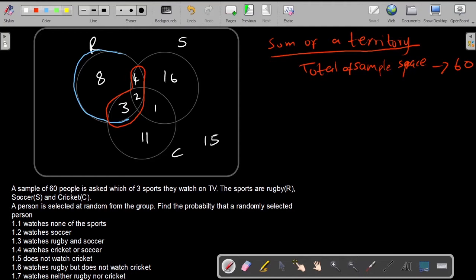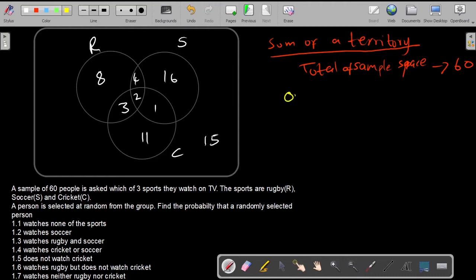So we only talk about this portion, which is just 8. So 8 is the only one there, so we don't have to add anything to it. And we divide that by 60, and that is the probability of taking someone who only watches rugby.